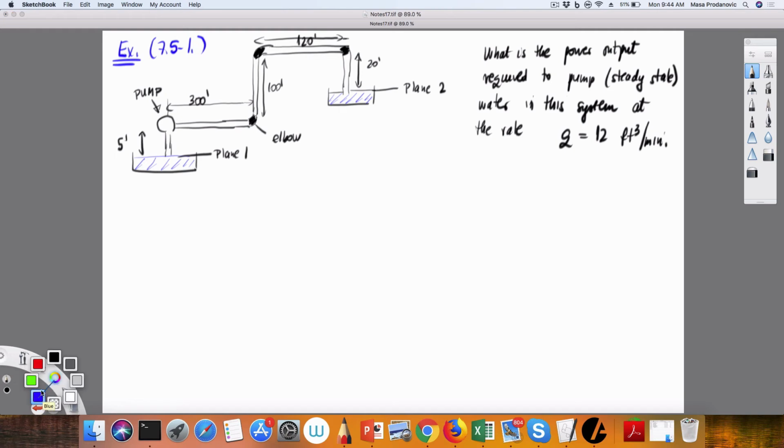So the parameters are mu is 1 centipoise, so I'm pumping water. Rho is, are you ready? 62.4 pounds mass per cubic feet. Personally, I hate these units, but oh well.